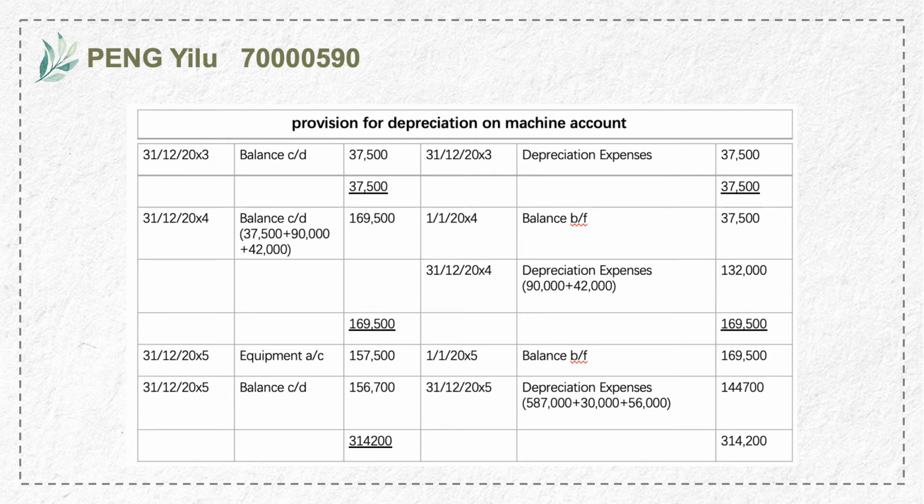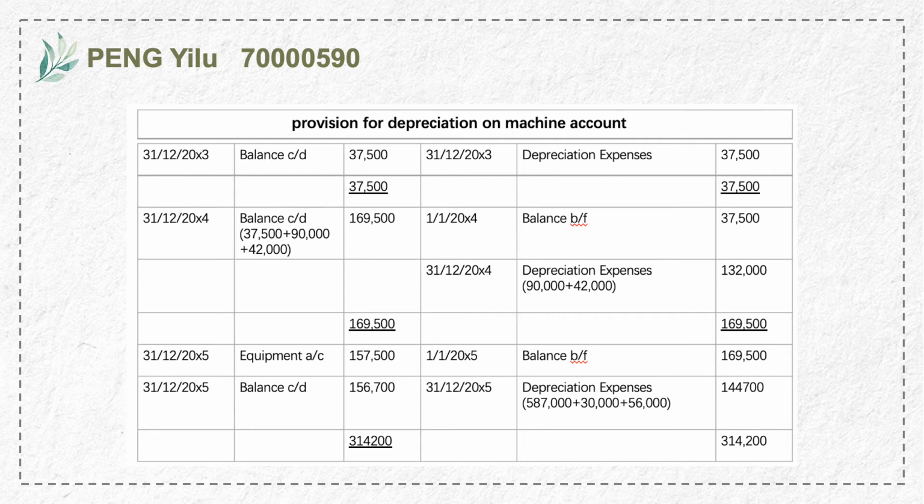On 1st January 2000 X5 years, we need to write down the 169,500 to balance brought forward. And on 31st December, we need to write down depreciation expenses about 144,700.